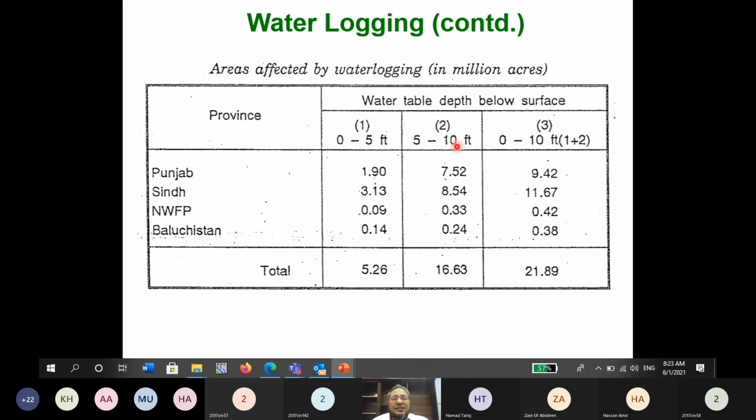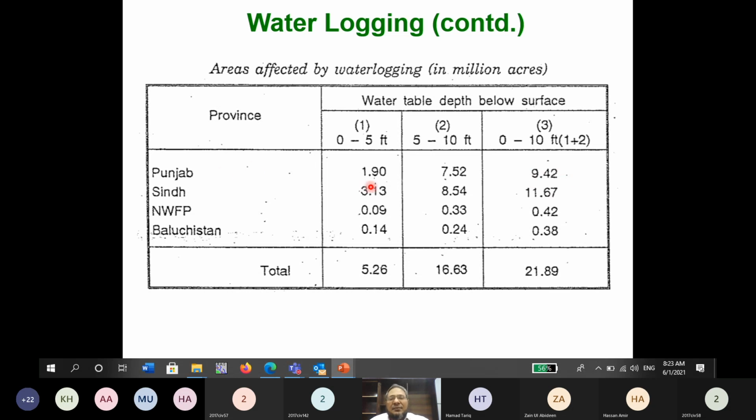Okay, let us see in Punjab. The severely waterlogged area is 1.9 million acres, whereas less severely waterlogged agricultural land in Punjab is 7.52 million acres. The total is 9.42 million acres.